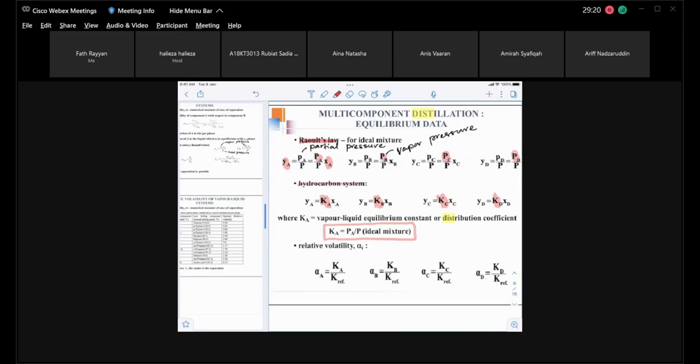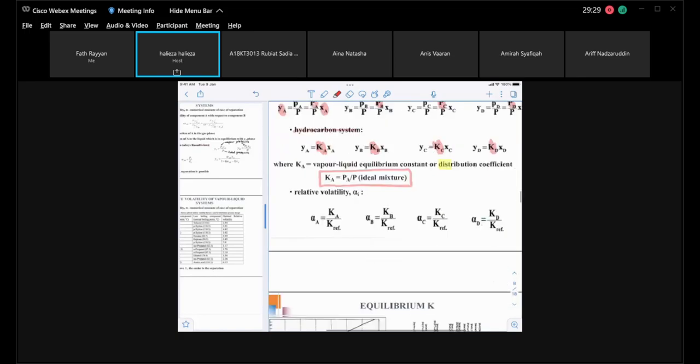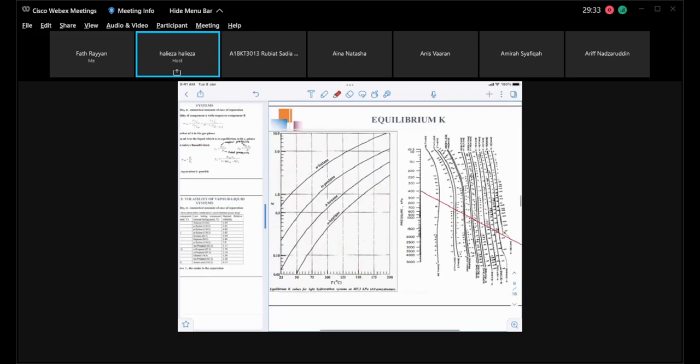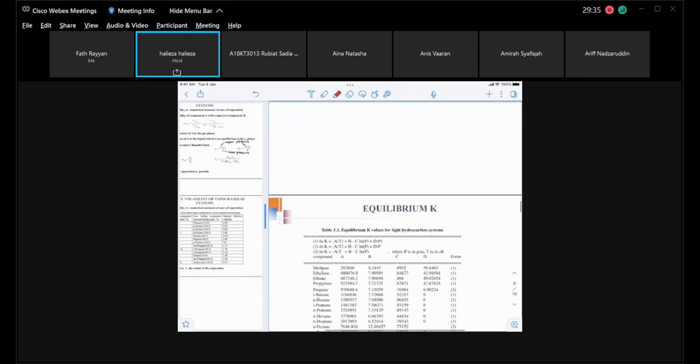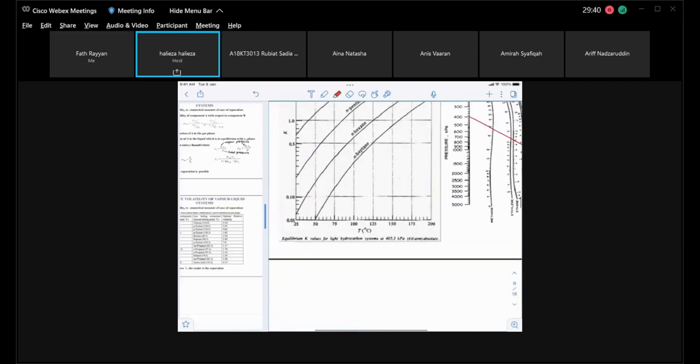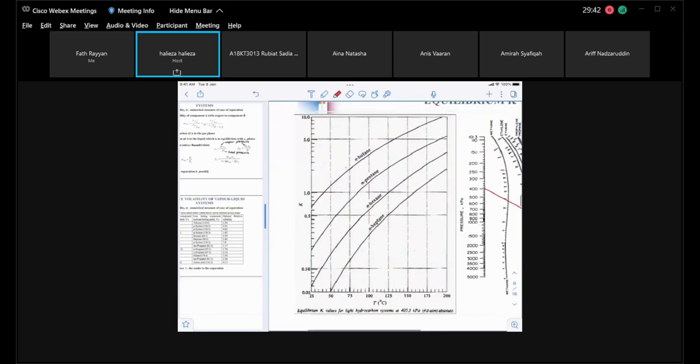But if it's not ideal, then you will have to find that value of your K constant. Normally, your vapor liquid constants are given in a graph, or you can even have them in table form, whereby you can calculate it. Okay, so let's look at the graph. Over here, you have the equilibrium constant for just 4 components. These are the 4 components that we're going to calculate in the example.